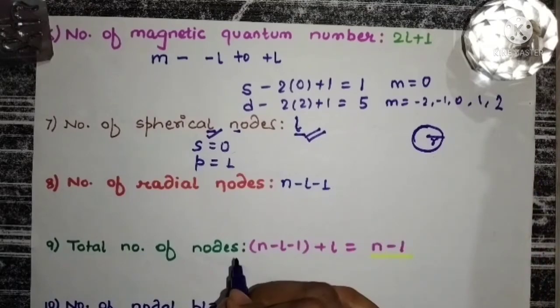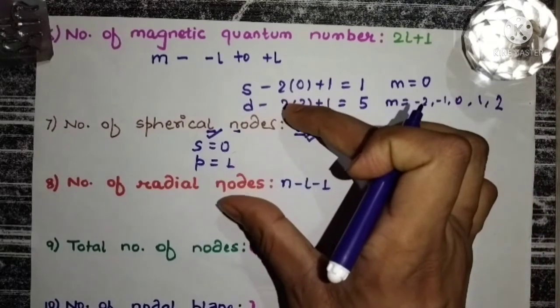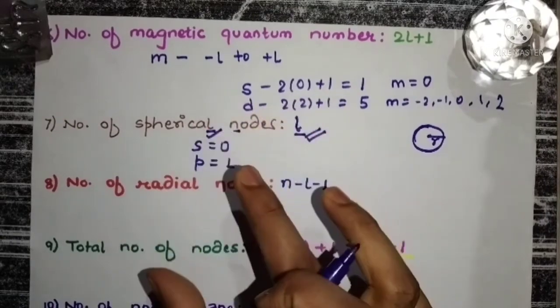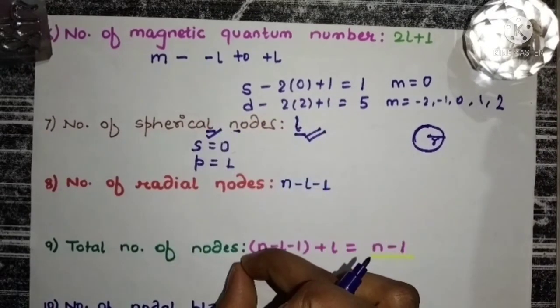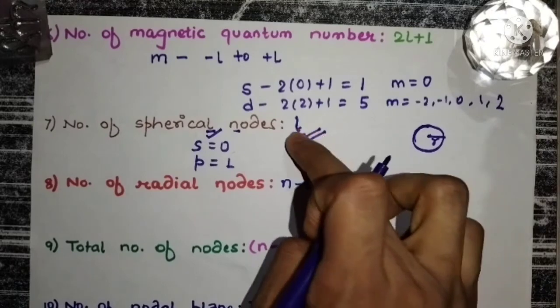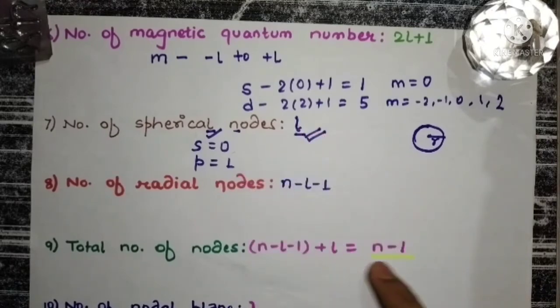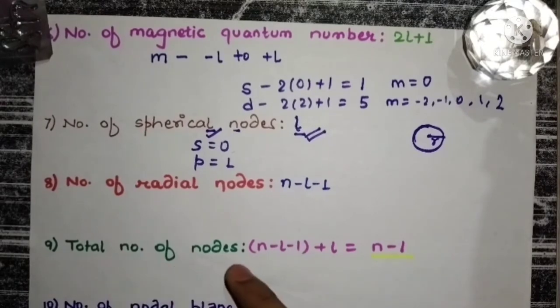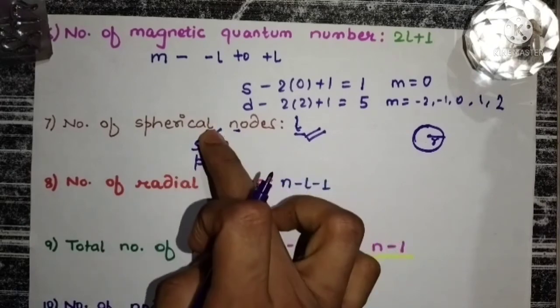Now for the total number of nodes, there are two types of nodes, that is radial nodes and spherical nodes. So the total number of nodes will just be the sum of these two, that is n minus L minus 1 plus L, that is n minus 1. For the total number of nodes, there is no radial or spherical here.